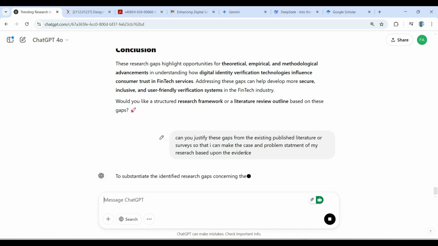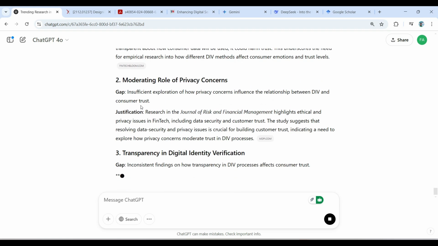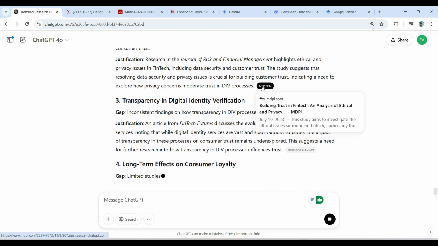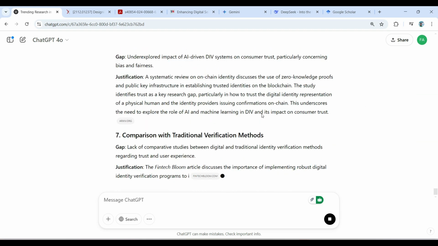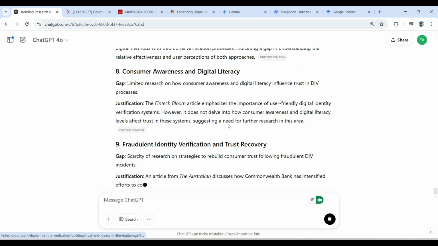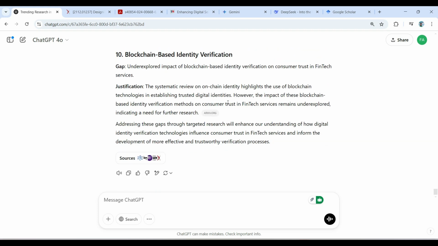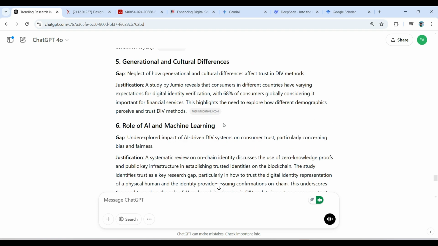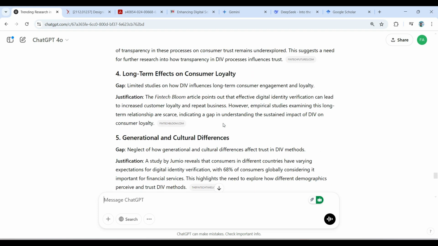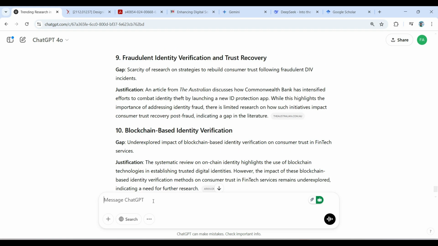So here what we are doing is that we are asking ChatGPT to justify its own gap, and we are going to get some published articles from where we can make our problem statement, or at least we can give some kind of authenticity to our research gaps, because sometimes it can happen that ChatGPT can generate its own perspective and we have no idea whether this perspective is in align with the existing literature or not. So you should always try to ask the generative tools to provide some kind of documentary evidence or some kind of literature to back up its claim.